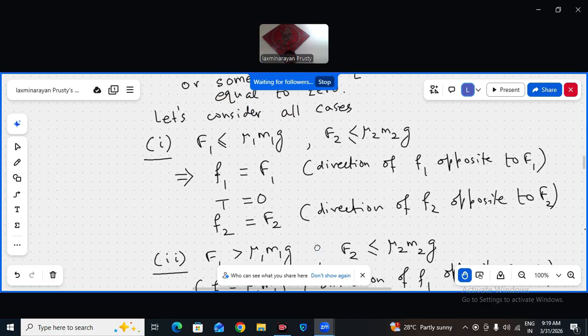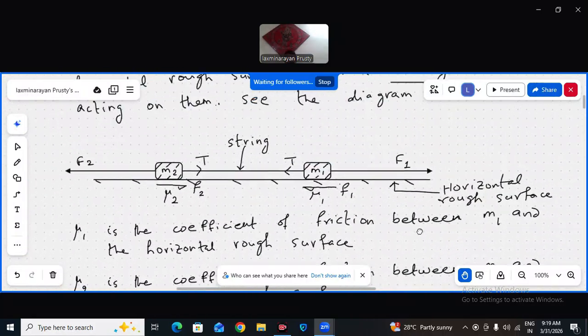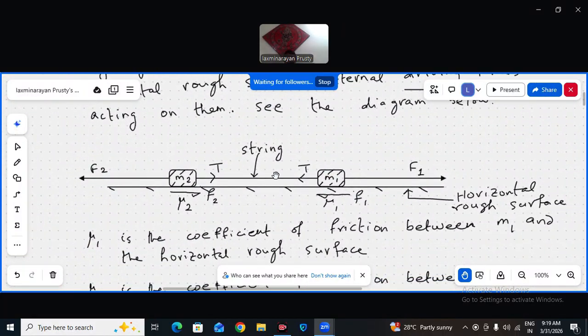Okay, here the assumption is that the blocks have been kept on the surface. After that, the forces are being applied starting from 0 and increasing to the respective F1, F2 values.